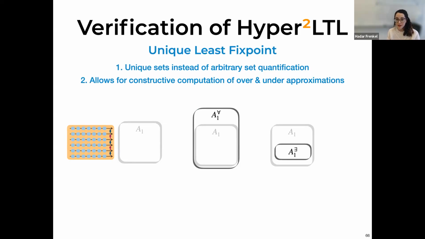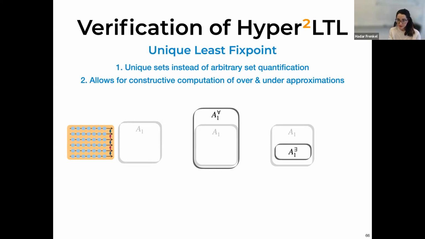But we cannot have such an automaton. So what we are going to do is compute an over-approximation. An over-approximation is a set that contains the real set that we're interested in. And we're going to also compute an under-approximation, which is a set that is contained in the set that we are interested in.